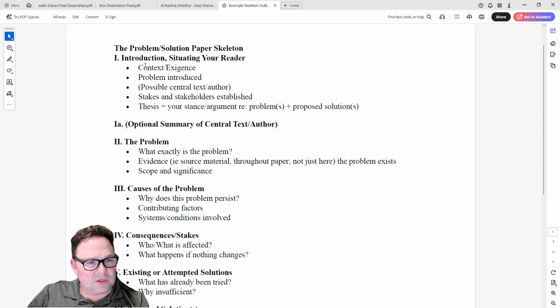And let's just move through this quickly. In the introduction section, we're gonna have some context. You're gonna introduce your problem. If you focus on a central author or text throughout your paper, feel free to introduce that here. This is again not the place for you to introduce all of your sources.